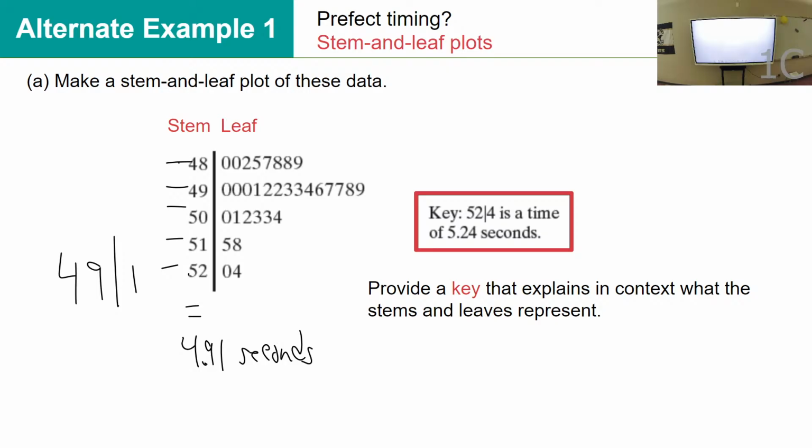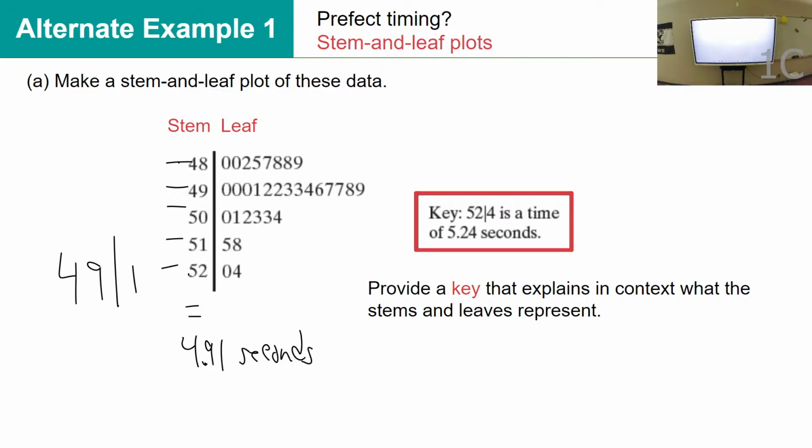Sometimes they'll round. So rather than saying 4.91, they would round that to 4.9. And so then you would have 4, but all you would have over here was 4 and a 5. If you only had a 4 and a 5 over here, then you're going to have a bunch of leaves. And that's not going to be a very good picture.